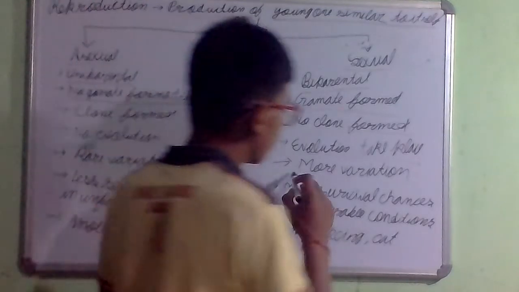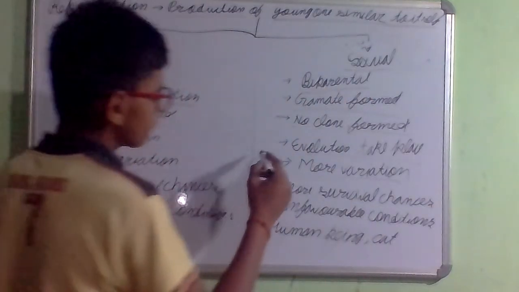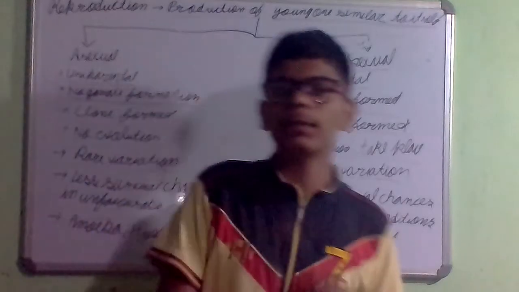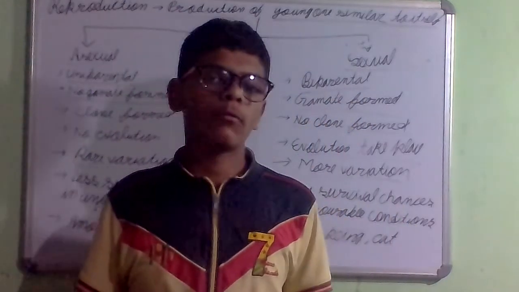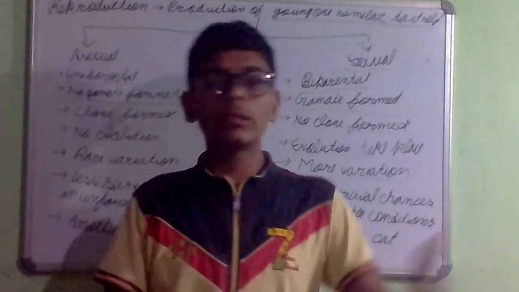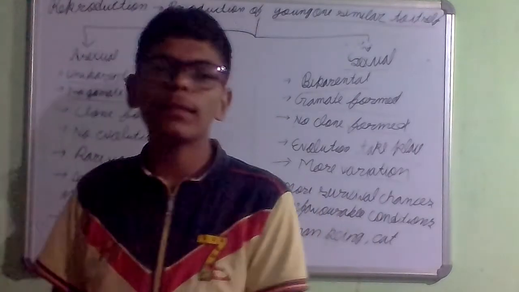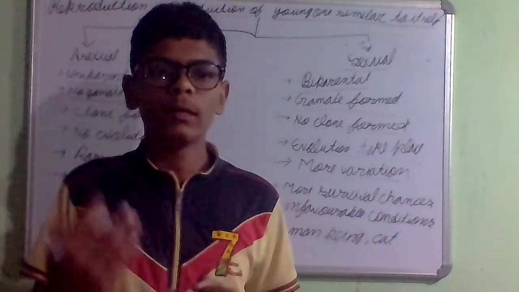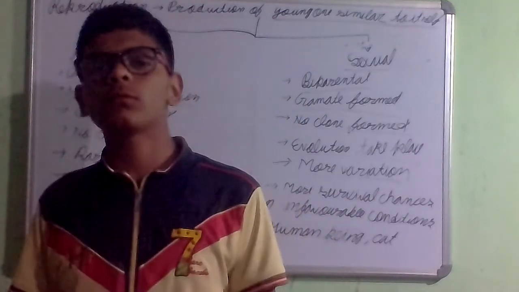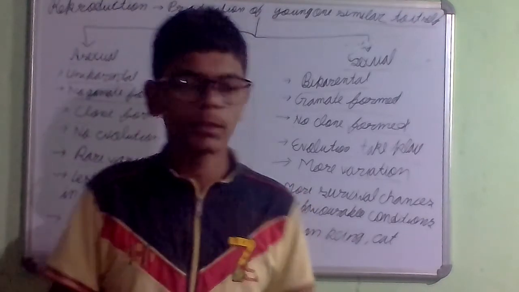Sexual reproduction gives more variation. We can see how our parents are much different from us. There is much variation in us, and in other animals also there are many variations.